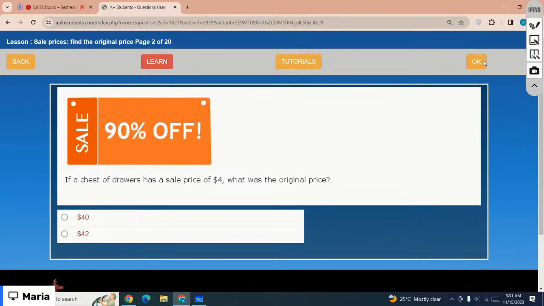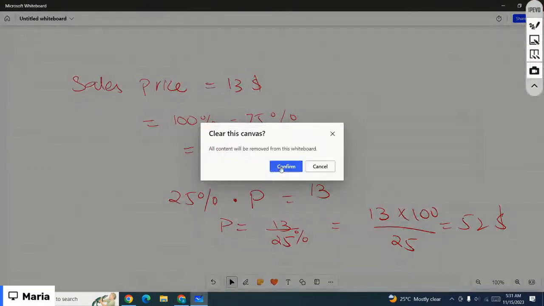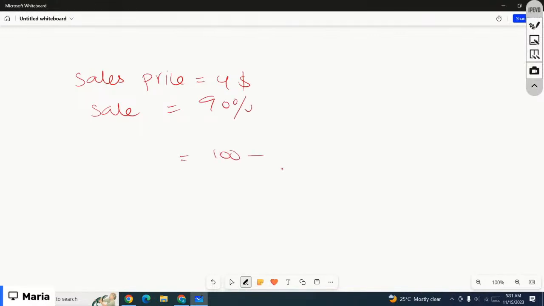So that means you paid just 10%. 100% minus 90% equals 10%. You just paid 10%, right?